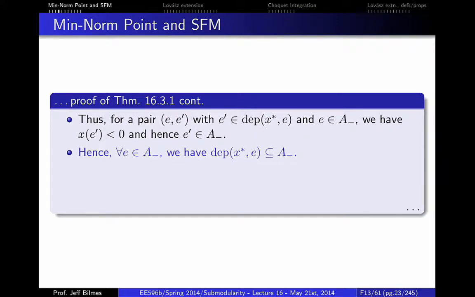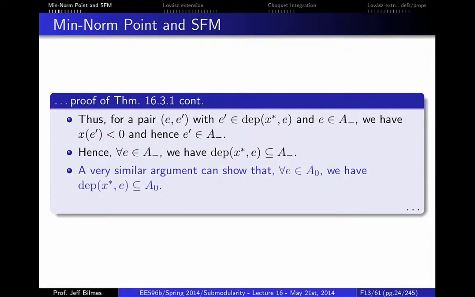So what this means, therefore, is that for any e in A minus, the dep of x star e is in A minus. Because every single element in dep for that given e is in A minus, all of the dep is a subset of A minus.